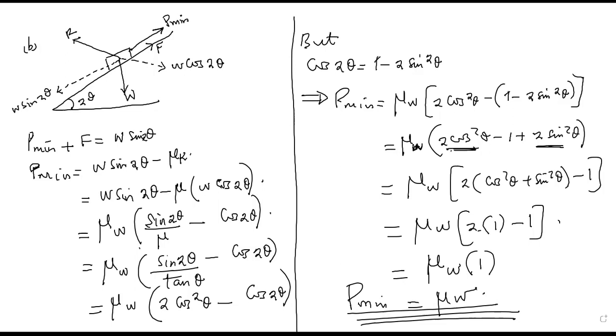Okay, so now let me read this. A particle of mass m kilograms is placed on a rough plane of inclination 30 degrees.